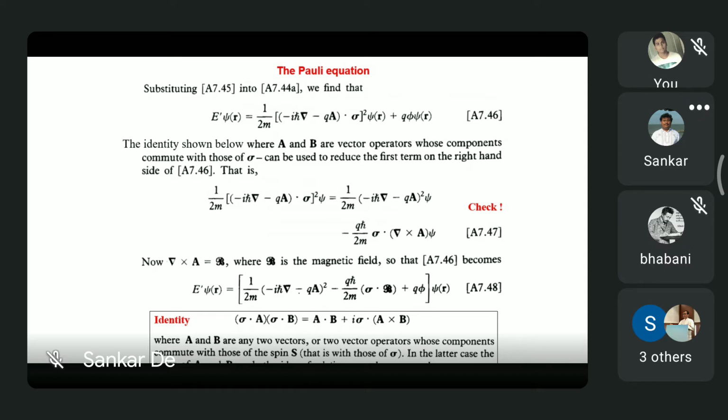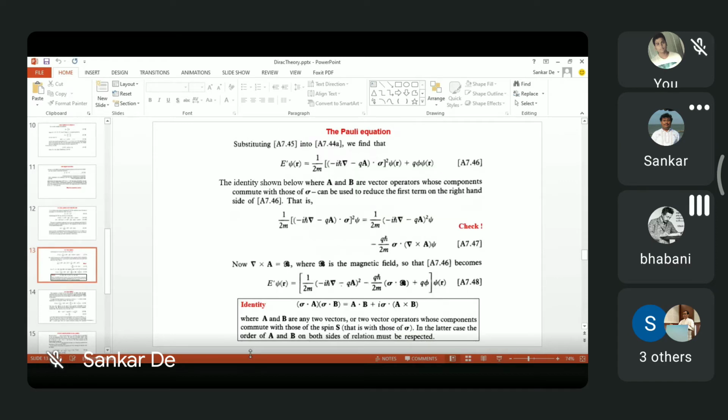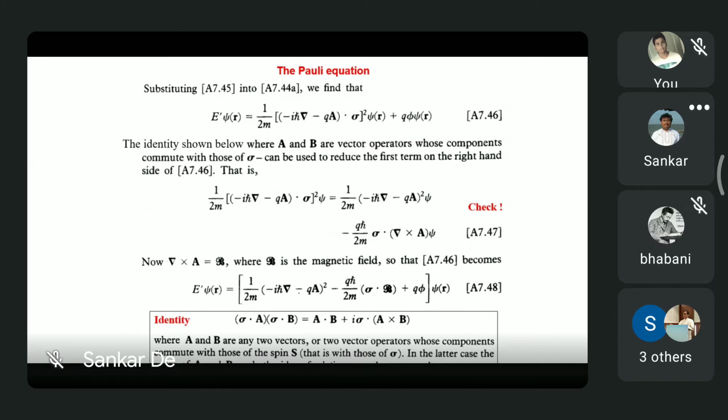Have you all done it, or checked how he has done it? Yeah, it is easy actually, sir. We can do one component and check it for the others and just add it up. So it is clear. He did that.